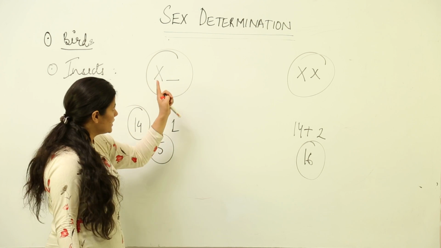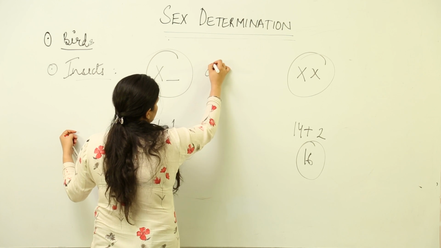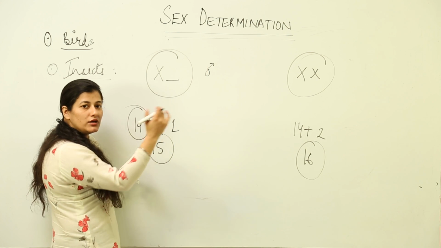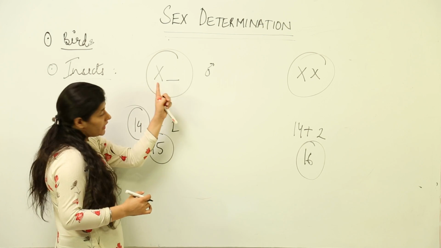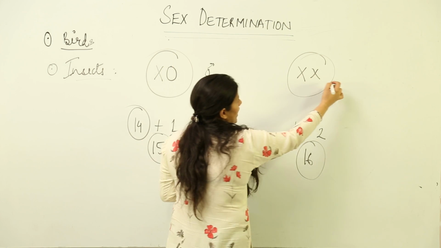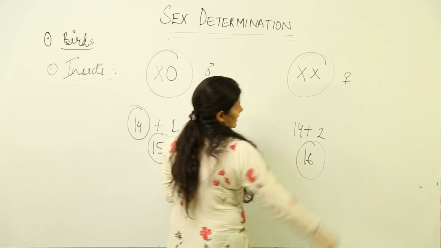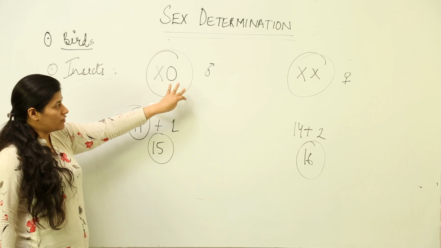What I am trying to say is that if the insect is male, it has 1 chromosome less than the female, and that one is an X. So the male parent is considered XO and the female is considered XX. Such is the sex determination mechanism in certain insects.